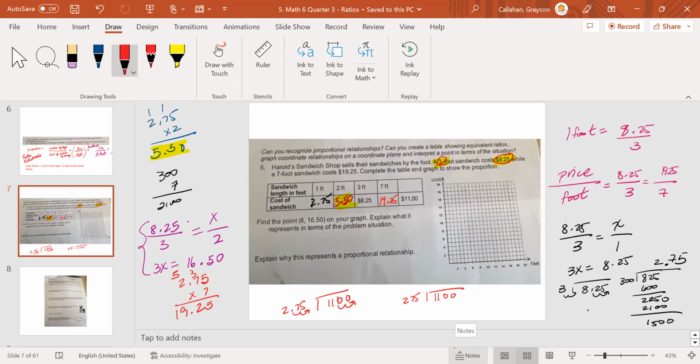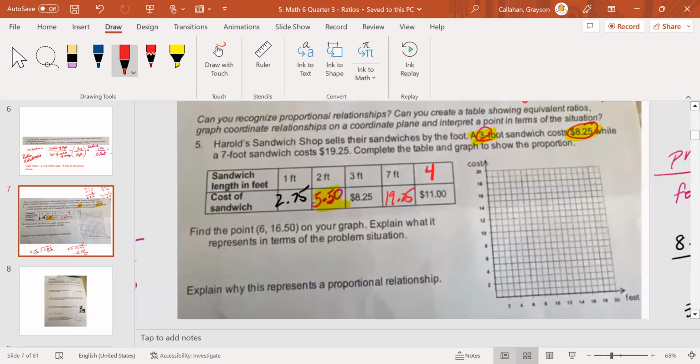I can say that if I do 275 times 3, that'll be 825. Let's see what we get times 4. Oh, actually, that's perfect. 275 times 4 is 1,100. So 4 feet. Does that make sense? Okay, so that's what you have.